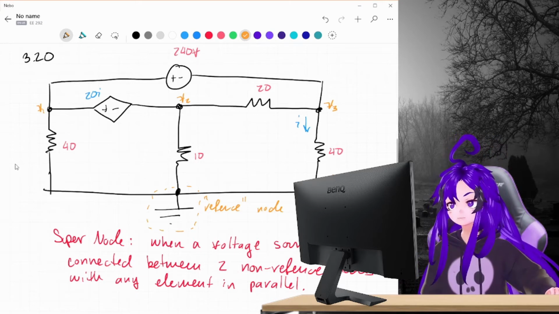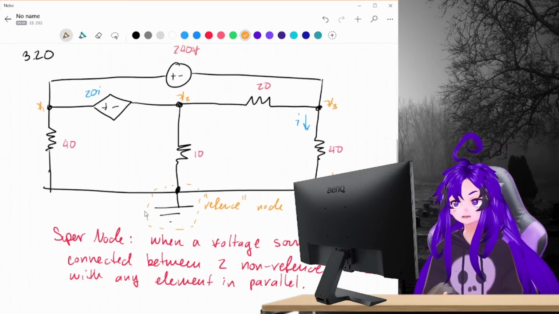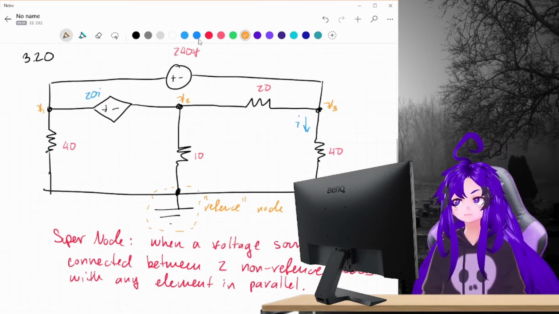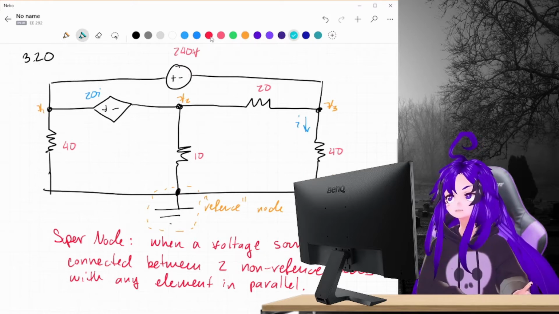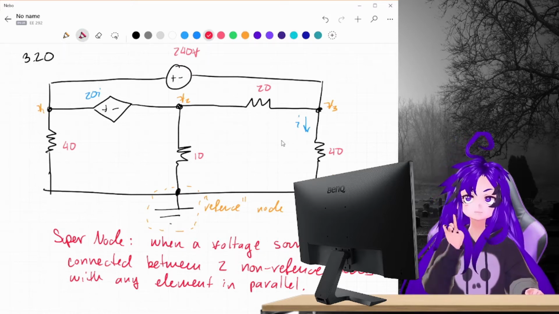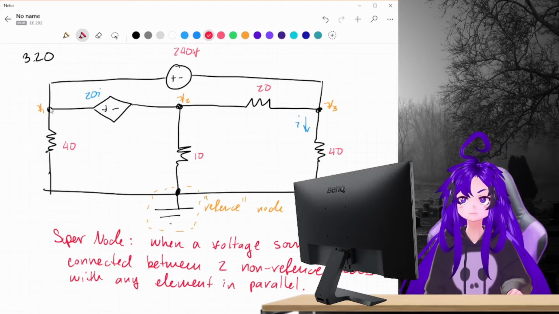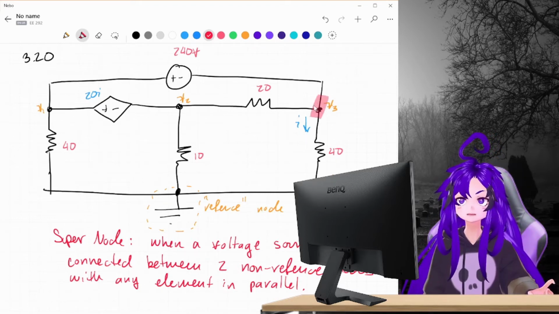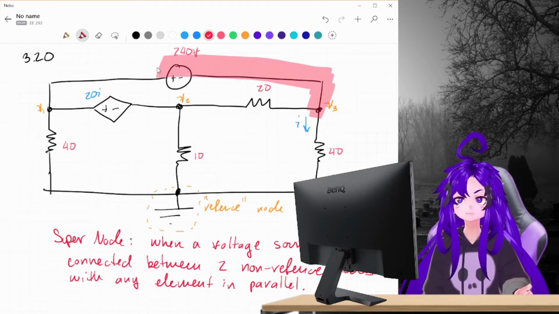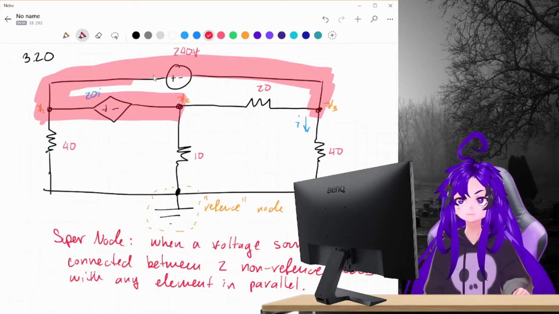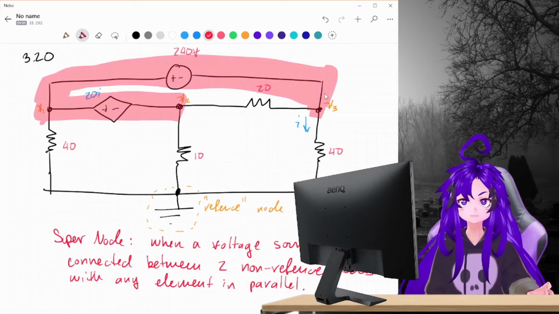Okay, so coming back to the supernode concept, it looks like there are two, but in fact, because this is connected to what we see as one node, and this is connected to it as well, this is all one supernode, okay?